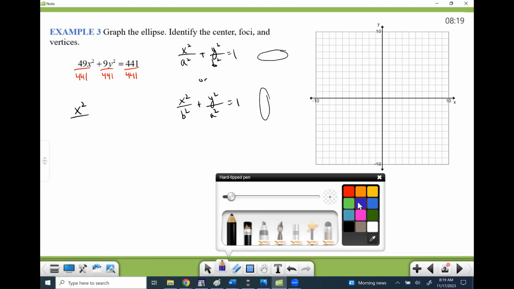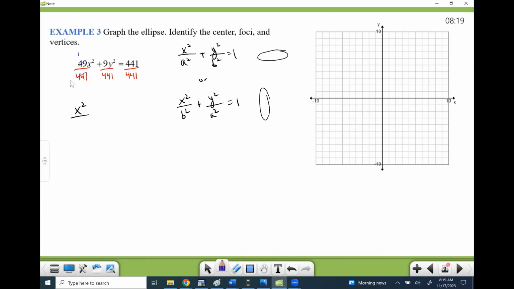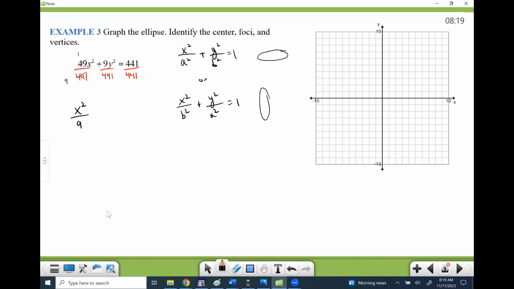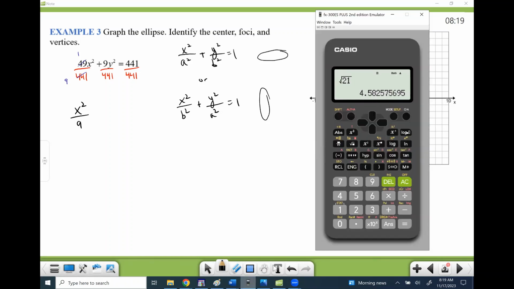That's why we ended up getting x squared over 9. The calculator we've been using for the class reduces fractions for you. So 49 over 441 is 1/9, so the 9 needs to go on the bottom.